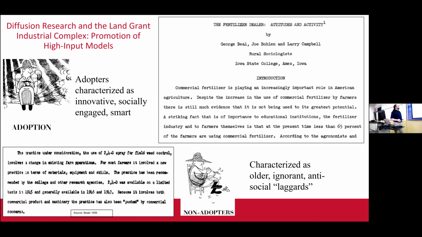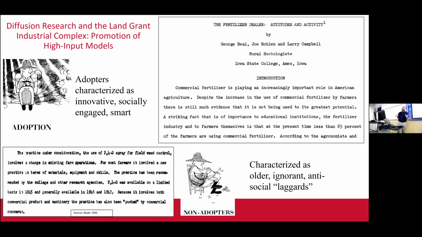There we moved on to really promoting some of the, this is associated with the industrial model of agriculture. So again, some work here from Iowa State by Beal et al., looking at attitudes regarding farmer adoption of using commercial fertilizer.